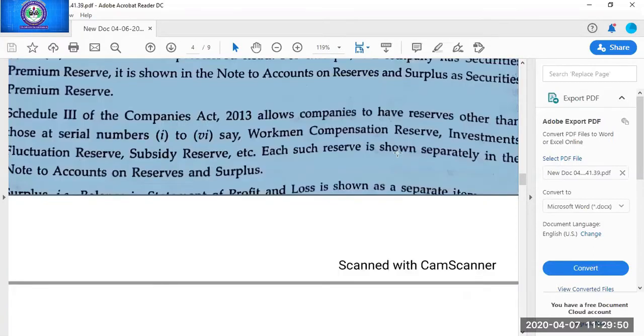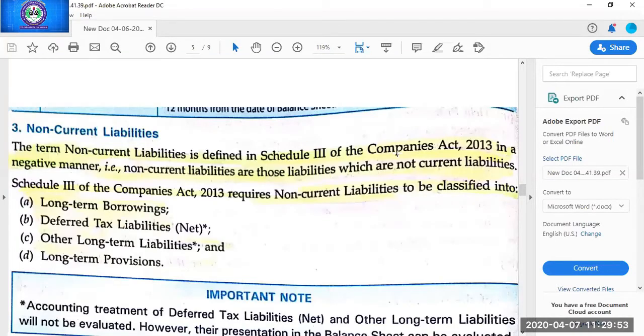So now I am coming to the non-current liabilities. One more thing, share money, share warrant, which is the third example of the shareholder fund. Just write down one line about the money received against share warrants.